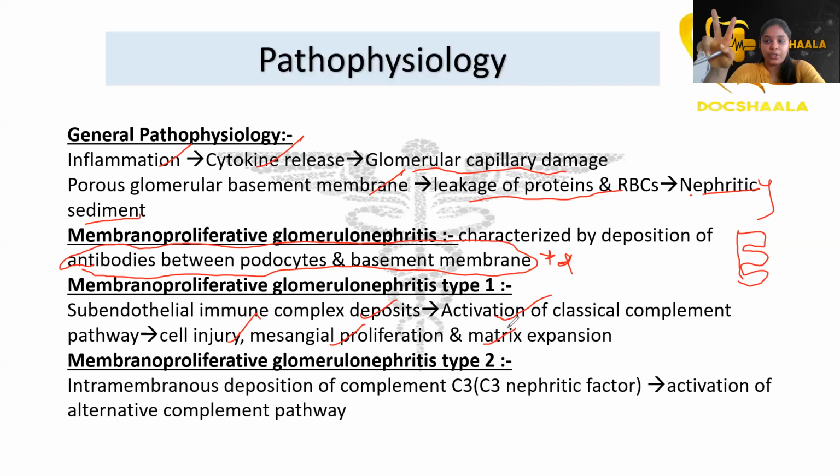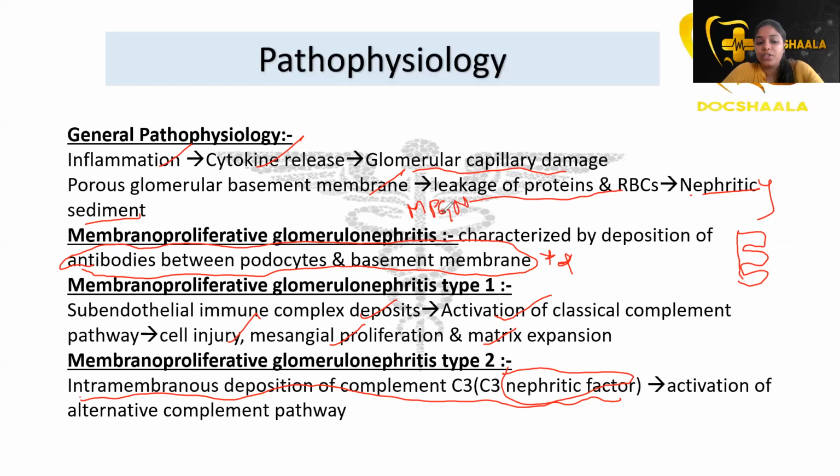Then in type 2, there is intramembranous deposition of complement C3. C3 is also known as nephritic factor. Intramembranous deposition of complement C3 leads to type 2 MPGN. Membranoproliferative glomerulonephritis, its abbreviation is MPGN.